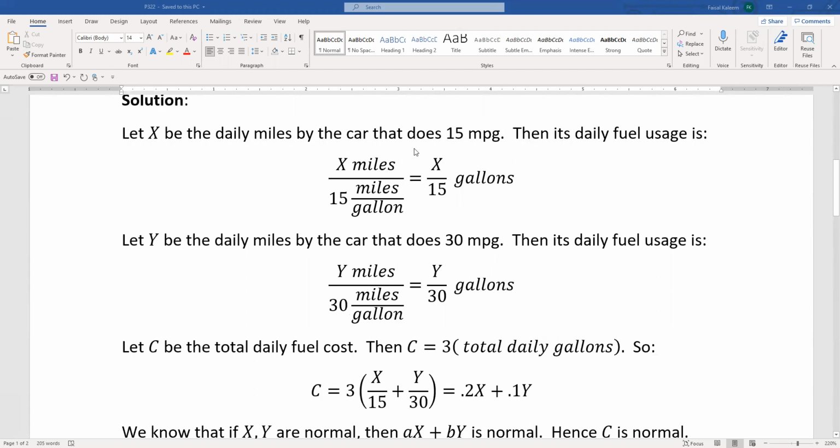So it's X miles for the first car and it does 15 miles per gallon. We want to get gallons out of this information, so units are our big help in these scenarios.